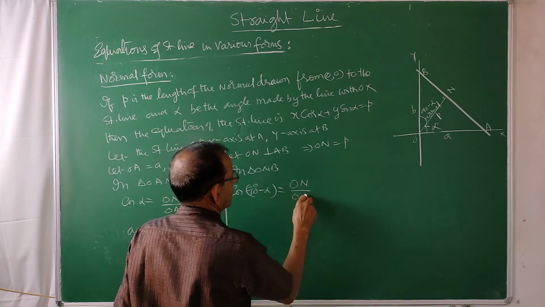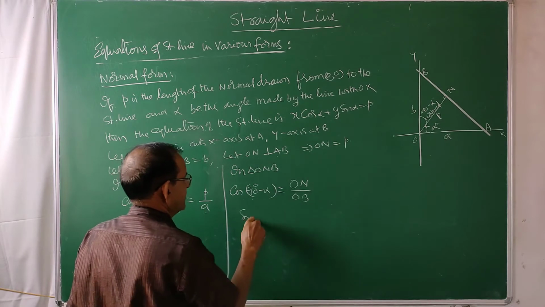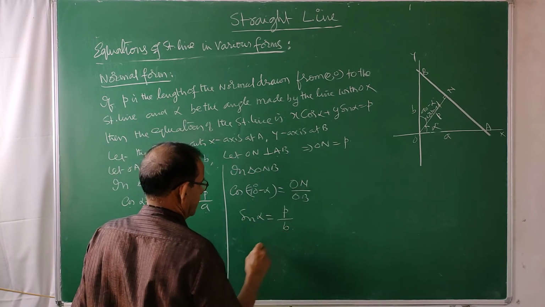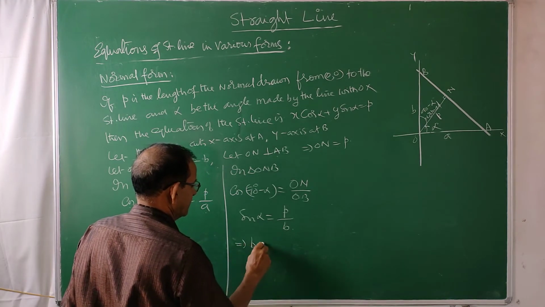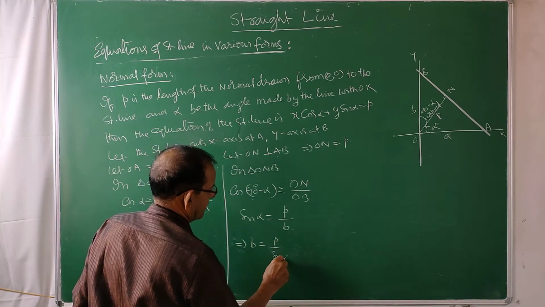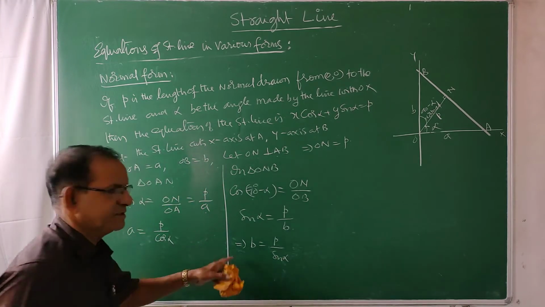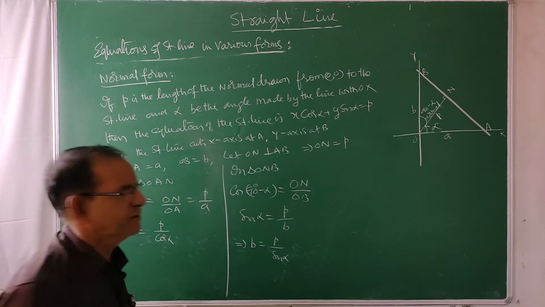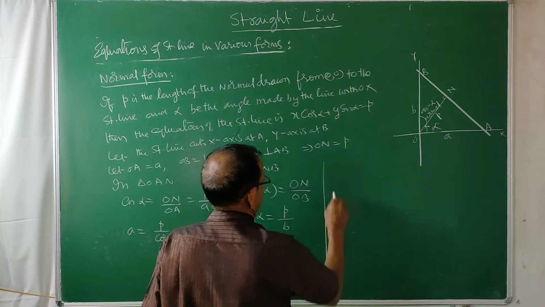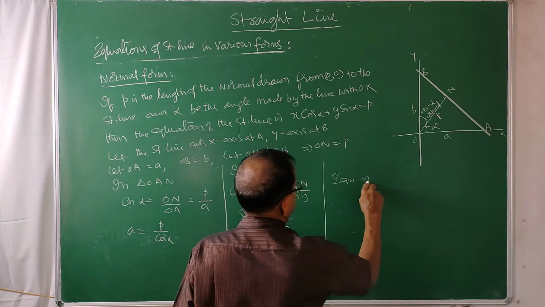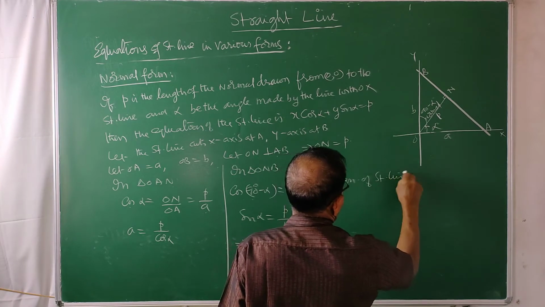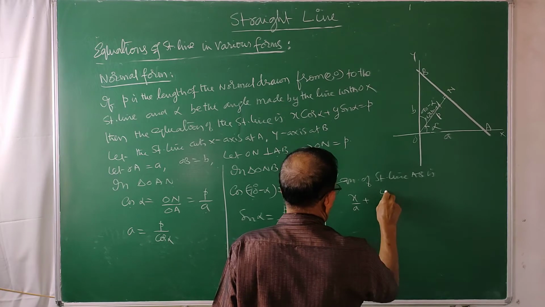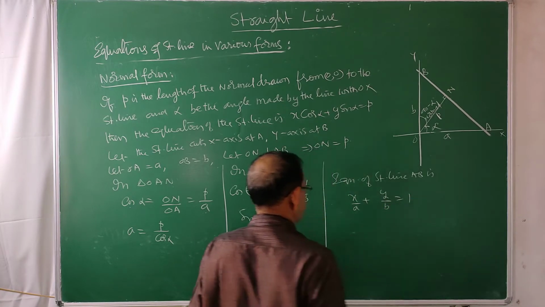But cos 90 minus alpha is sin alpha, ON is p and this is b. So from this b is equal to p by sin alpha. We have got both the intercepts a and b. So the equation of the straight line AB is x by a plus y by b is equal to 1, intercept form.